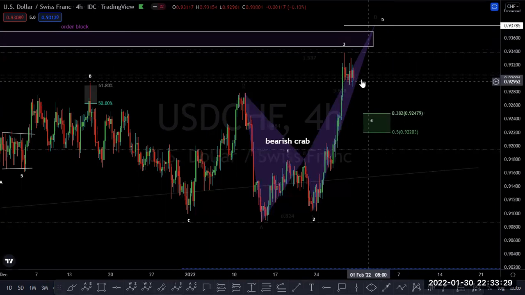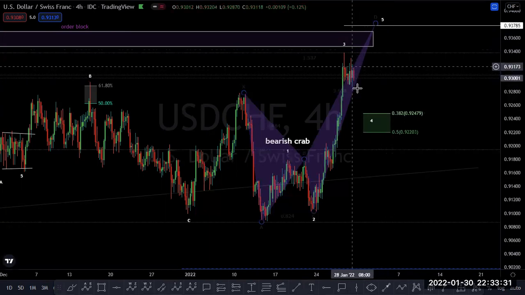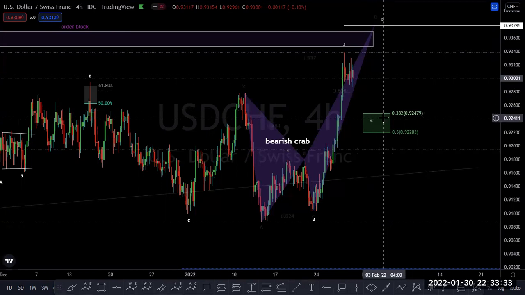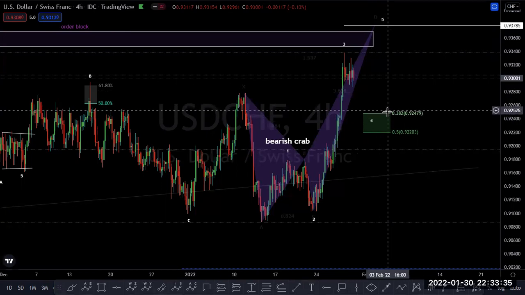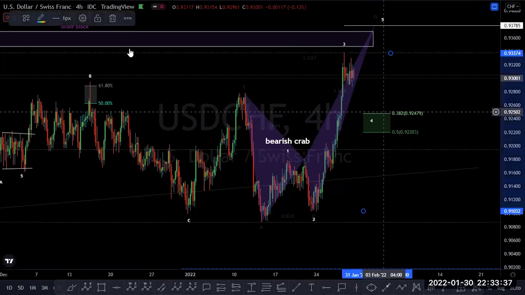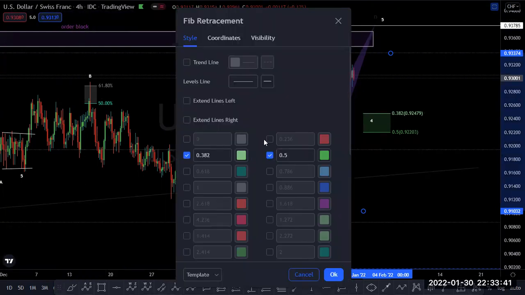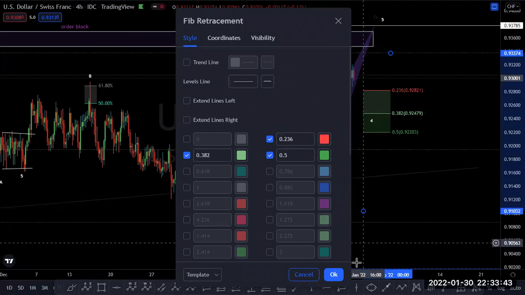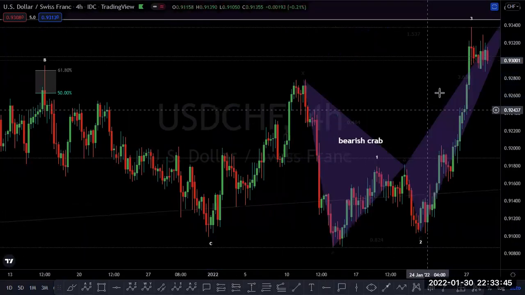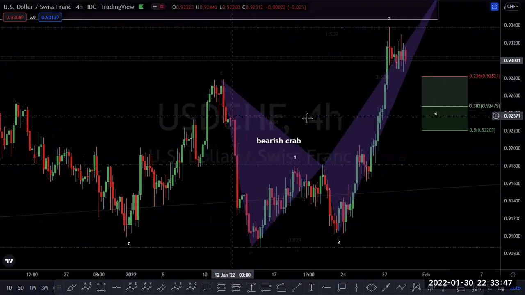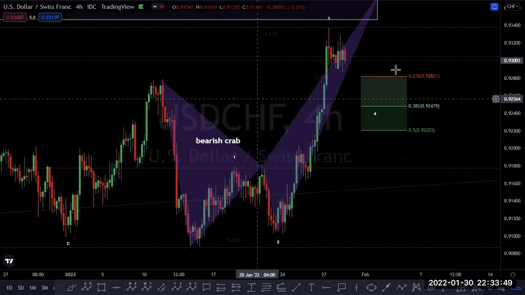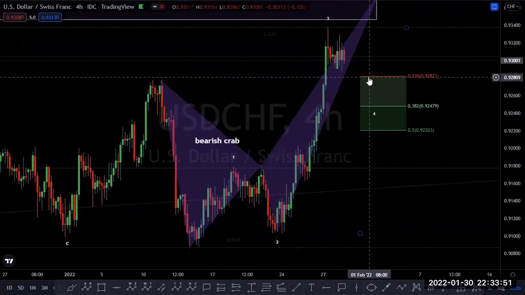The buying, unless I get at least from here to 38.2, I will look for buy. If the correction ends in 23.6, I won't buy, because most of the time, this type of shallow correction can disappoint.